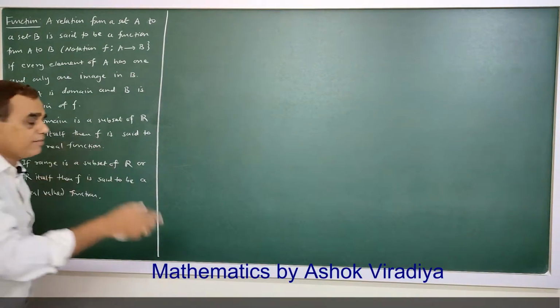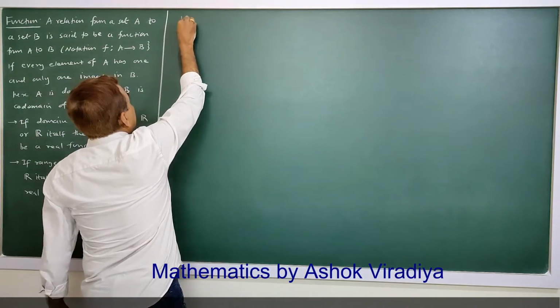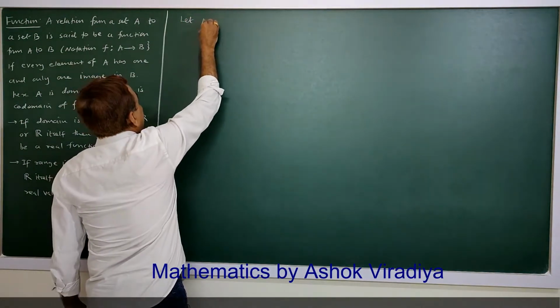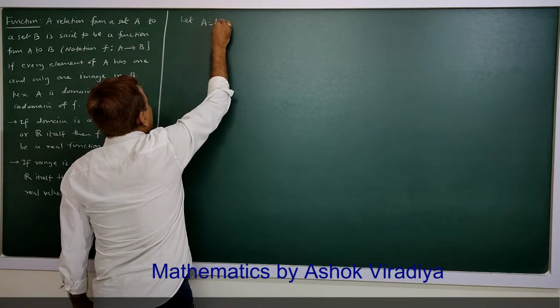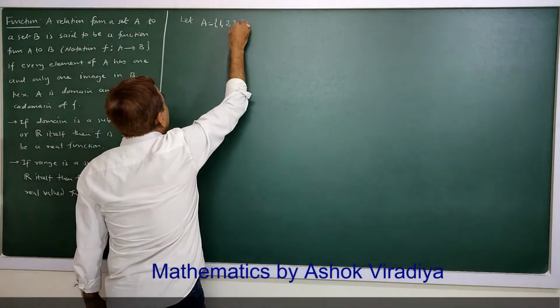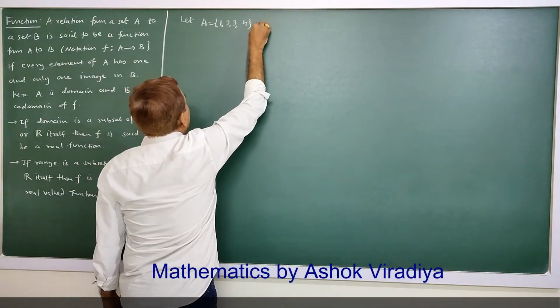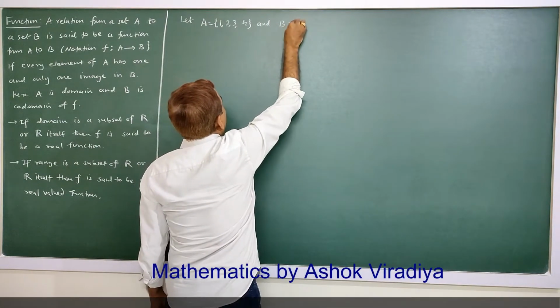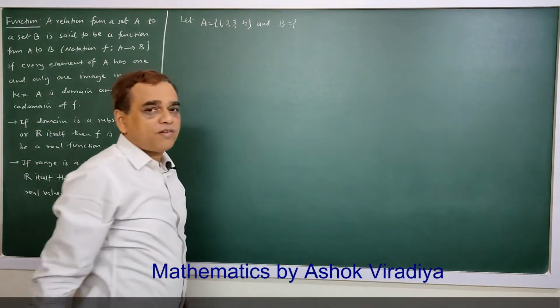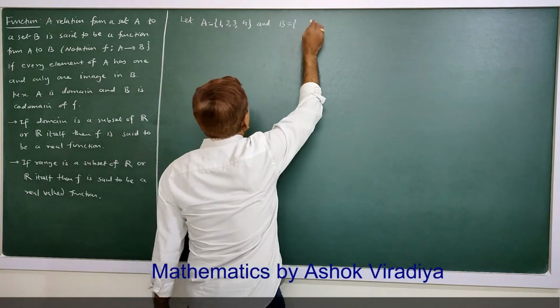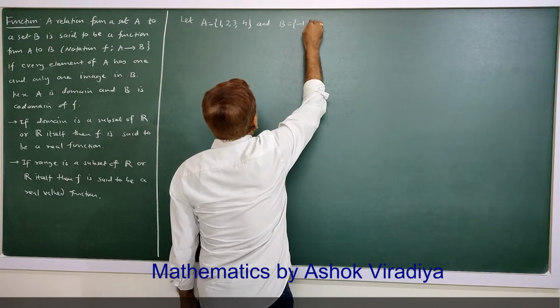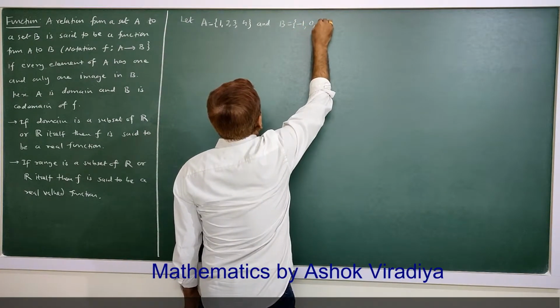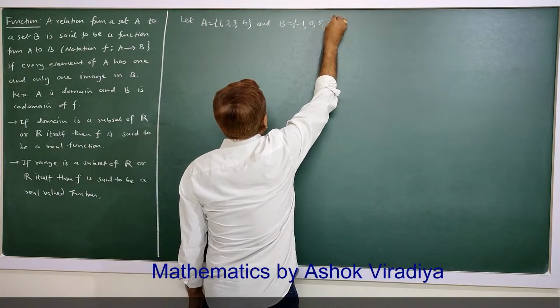Taking one example, let set A be the set containing the elements 1, 2, 3, 4 and B be the set containing, suppose I am taking different numbers, -1, 0, 5, 7.